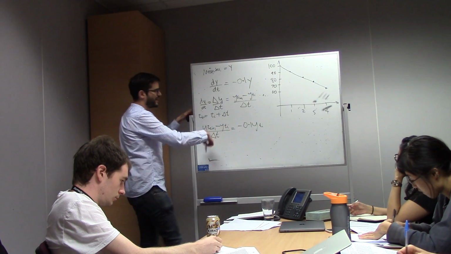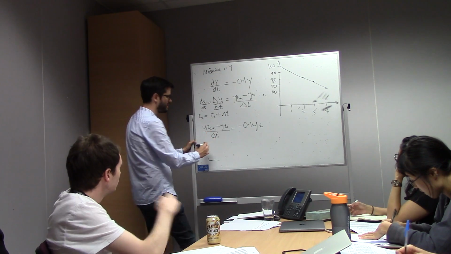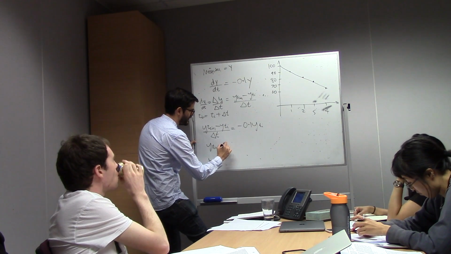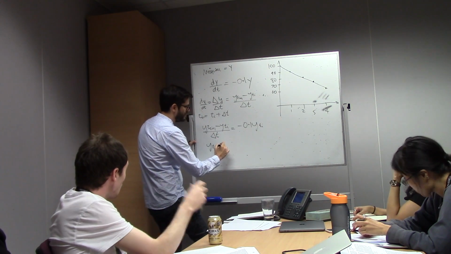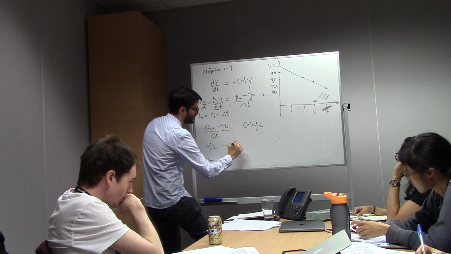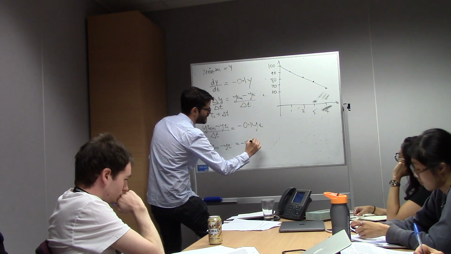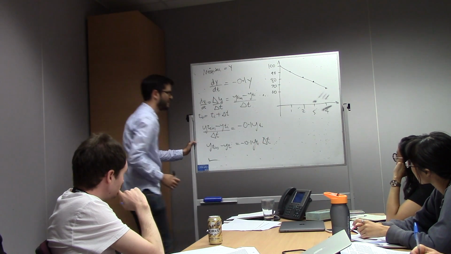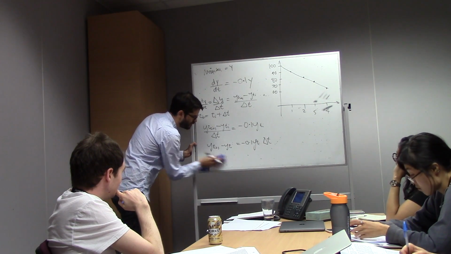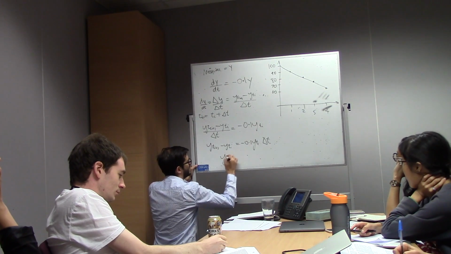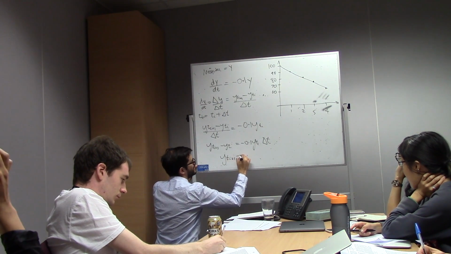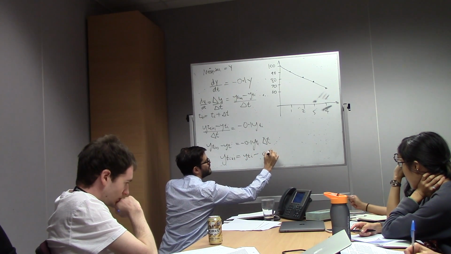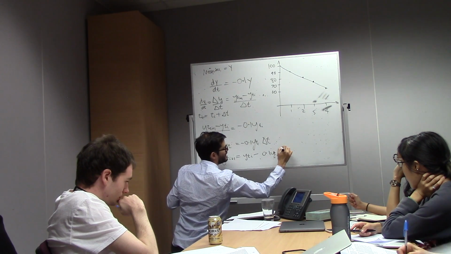Now let's make t_{i+1} the subject again. y(t_{i+1}) equals... I'll do all the steps. Minus 0.1 y(t_i) times delta t. Keep on going down. If I do more rearrangement, you have y(t_{i+1}) equals y(t_i) minus 0.1 y(t_i) delta t.